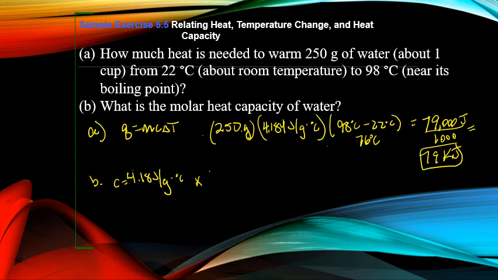So I just simply multiply that times the 18 grams of water found in 1 mole. That way my grams would cancel and I'm left with moles and degrees Celsius in the denominator. So if I multiply those out, you end up with, I believe, 75.2 joules per mole Kelvin.